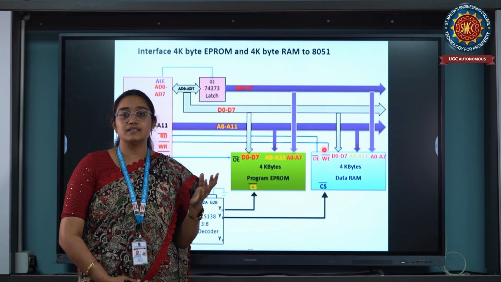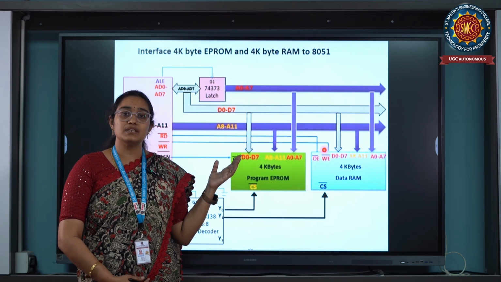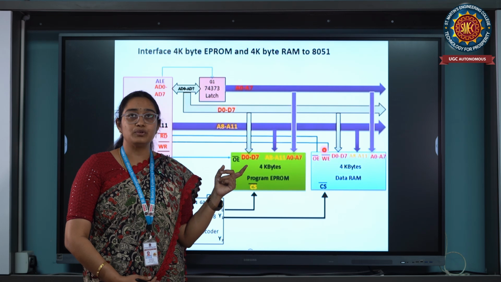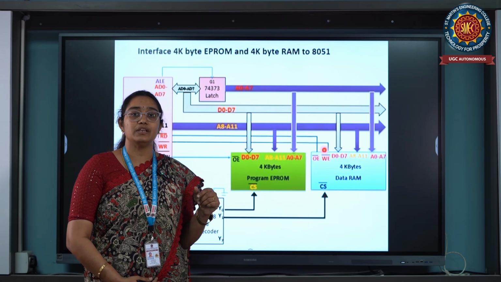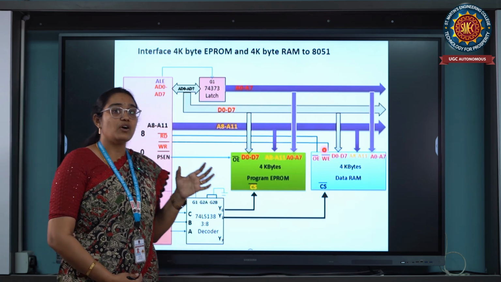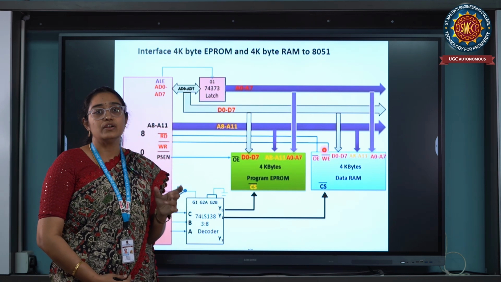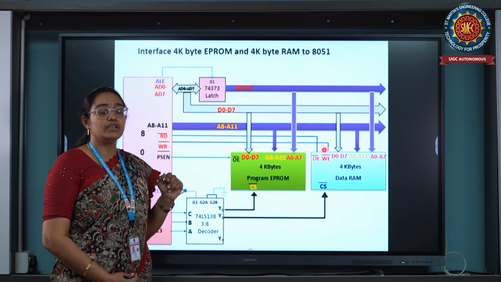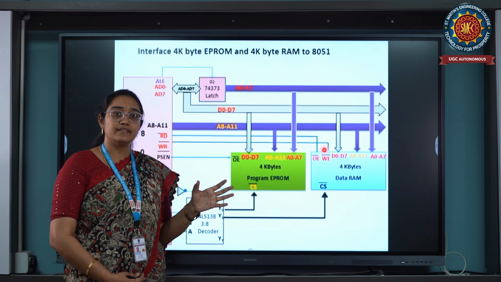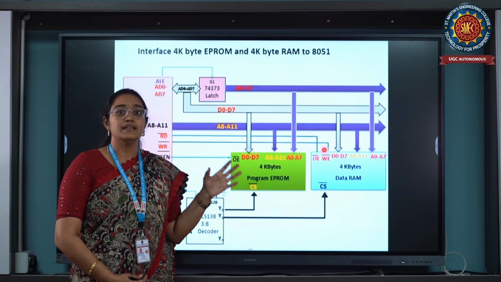When he goes beyond that memory, he uses external RAM of size up to 64 kilobytes. That means here we are using 16 address lines. Out of the 64 kilobytes, the RAM and ROM are used for writing, storing and executing the instructions.